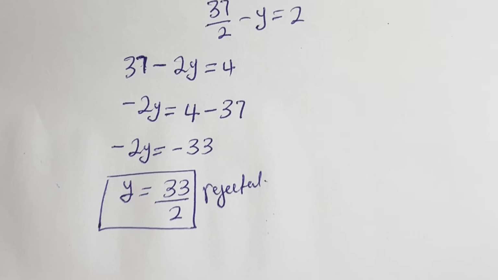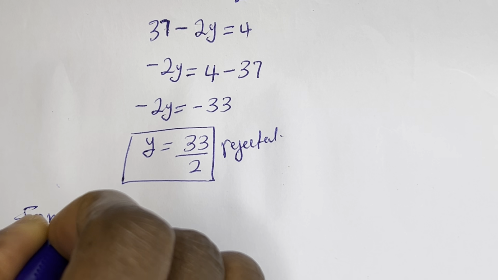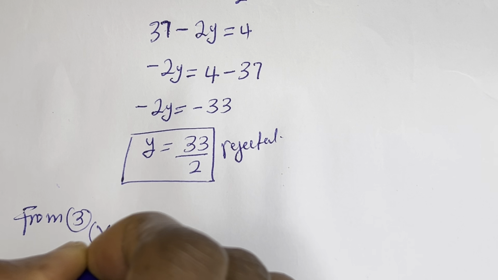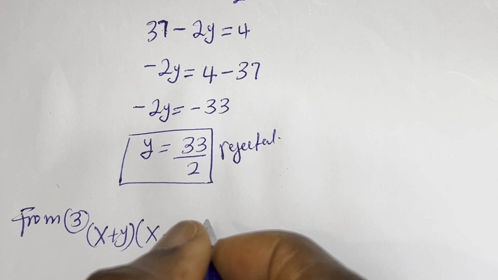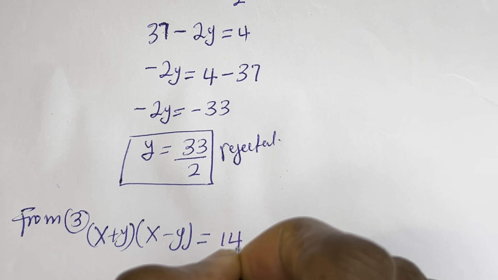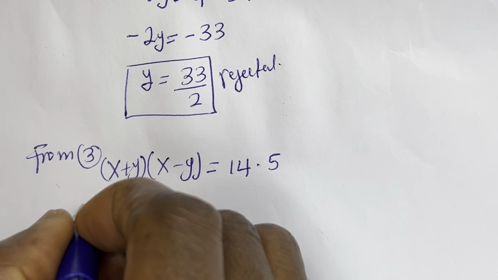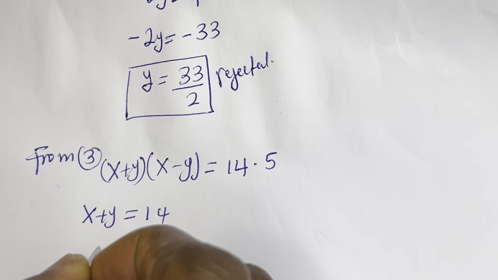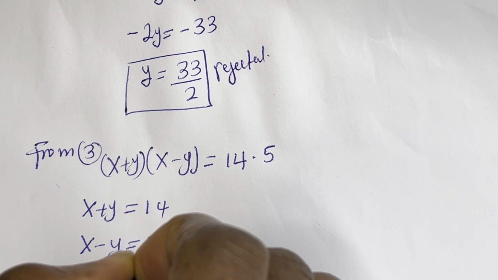Now let's consider the third case. From the third case, (x plus y)(x minus y) is equal to 14 multiplied by 5. Then x plus y is equal to 14, x minus y is equal to 5.